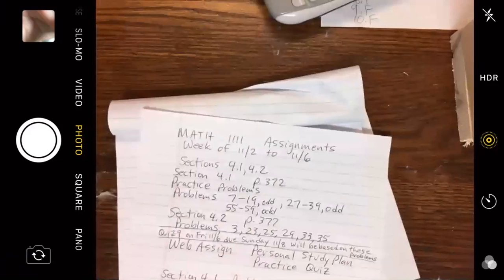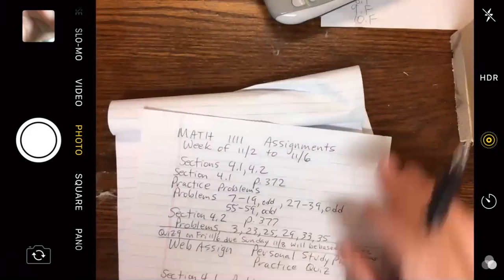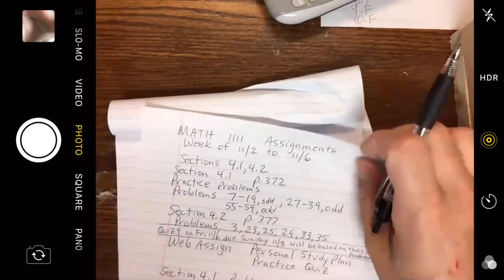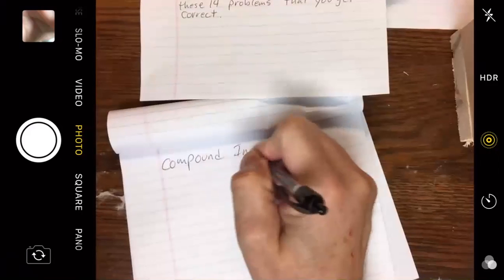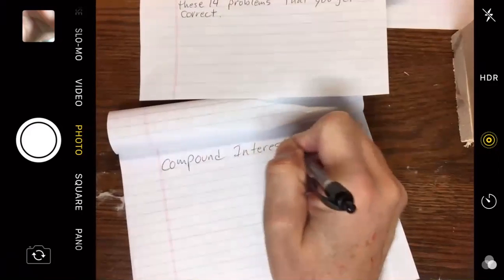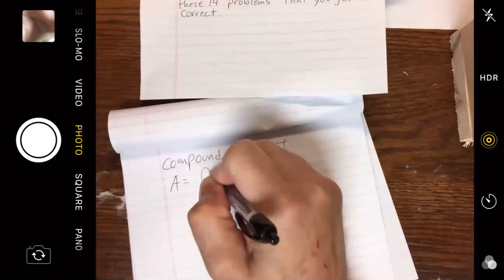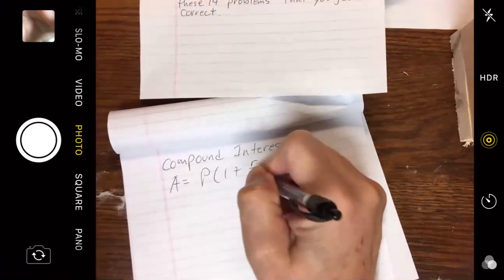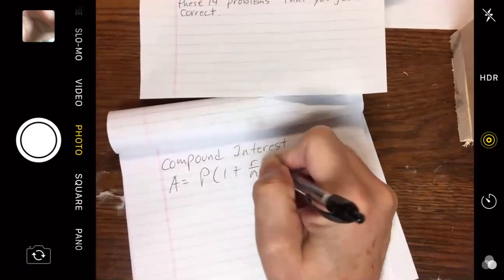I don't know if you've seen this before. Pretty straightforward once you know where every number goes and what the letters are. Compound interest: P times 1 plus R over N, raised to the N times T.